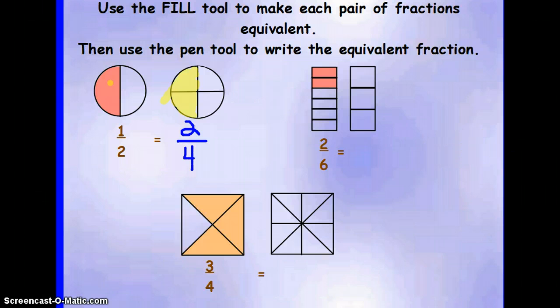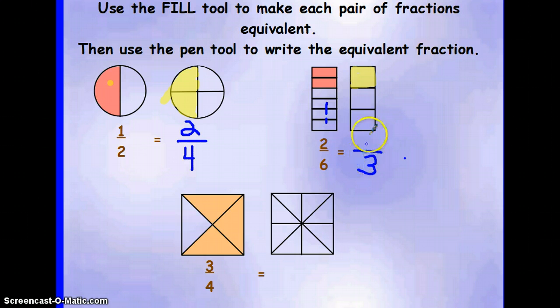Okay, so now let's look at this particular model right here. We see that 1, 2, 3, 4, 5, 6 pieces make up one whole, and only 2 pieces are shaded. So now let's shade in the same amount of space here. But this fraction is going to be written differently in that there are only 1, 2, 3 pieces.